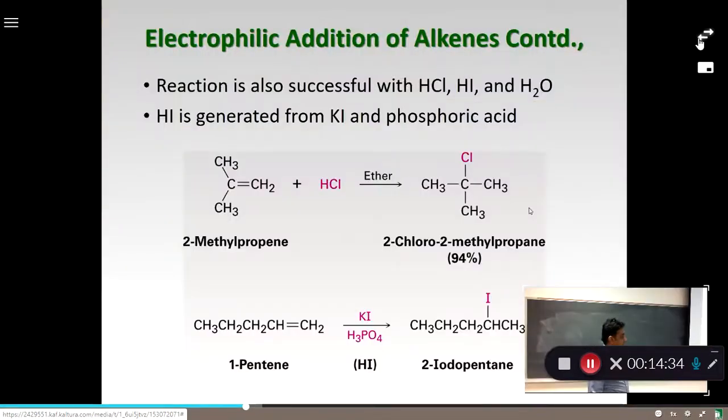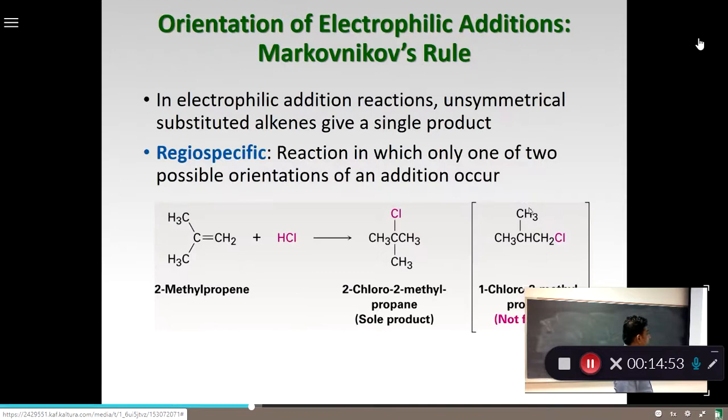So in the exam, if you want to make an addition reaction for HI, rather than writing HI, you can use KI and H3PO4 as the reagent. But HCl is very straightforward, just like your HBr. Just like HBr, HCl will work.